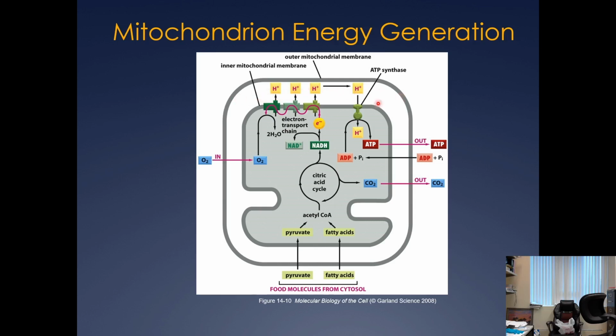Okay? And then with all these protons, they flow through the ATP synthase, and in the process what they end up doing is taking ADP and converting it to ATP, and then the ATP is sent out into the cell, as is the CO2, and ADP is taken up by the mitochondria.